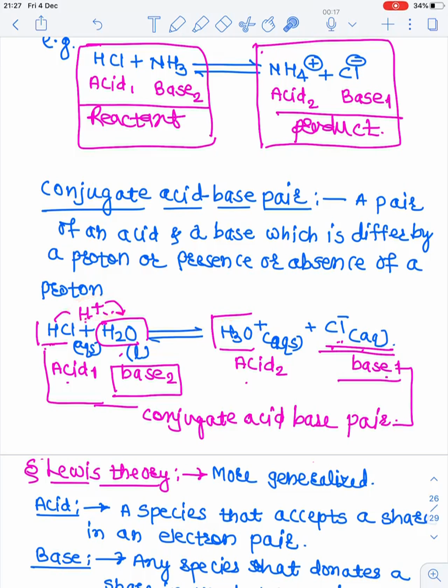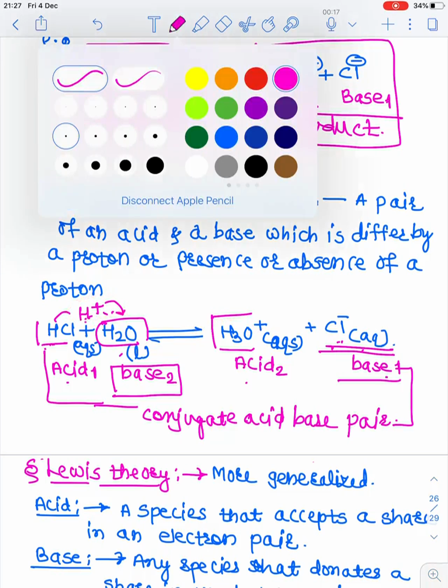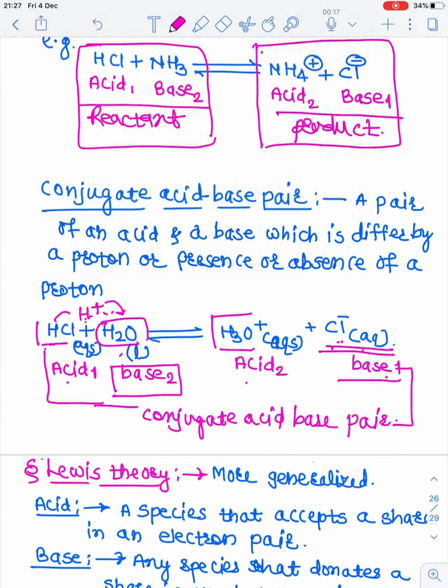Therefore this is another acid base pair, because this base accepts a proton and therefore it becomes an acid. Therefore this is another conjugate acid base pair.